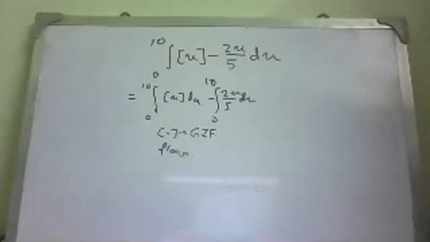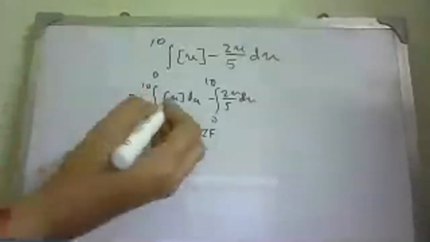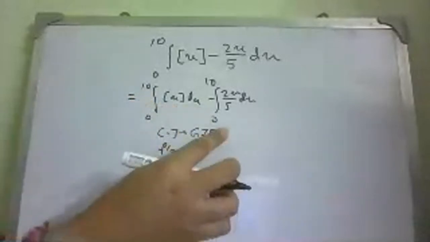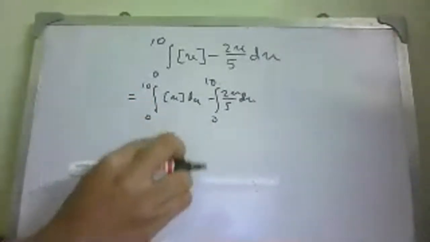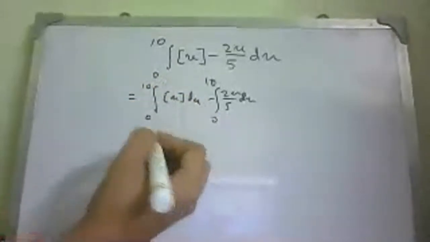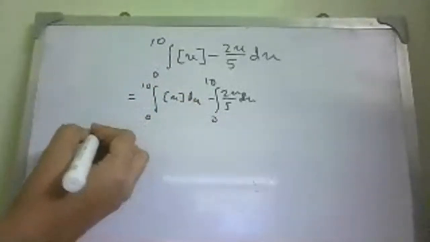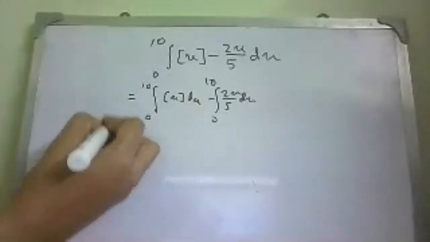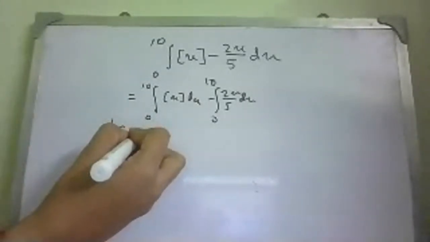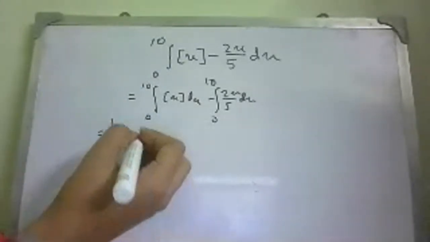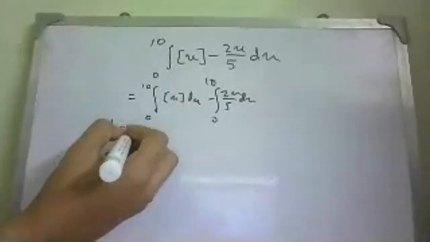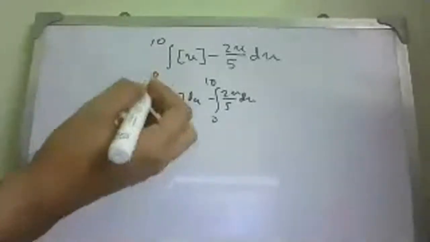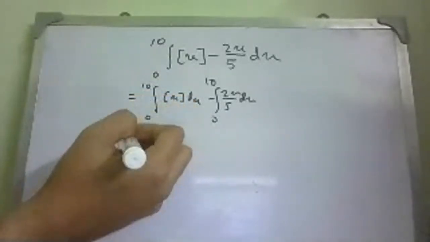This particular function is a bit special, and we need to solve this by taking certain intervals. We can't solve it directly. So in the integral from 0 to 1, this box of x function is actually equal to 0, because if x is between 0 and 1, then the largest integer which is smaller than x is obviously 0.